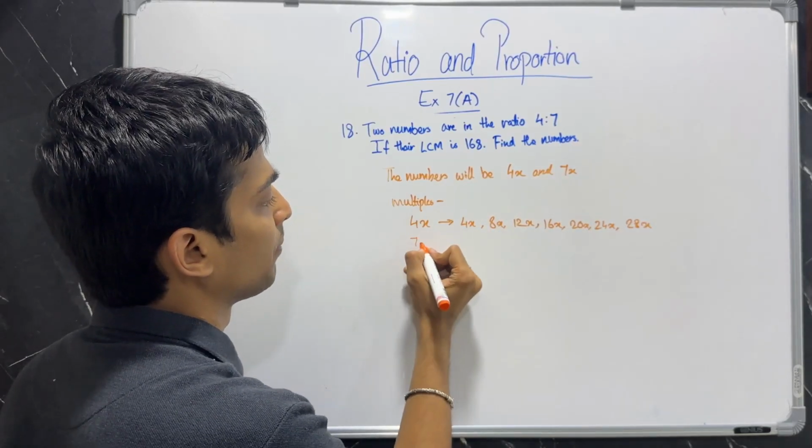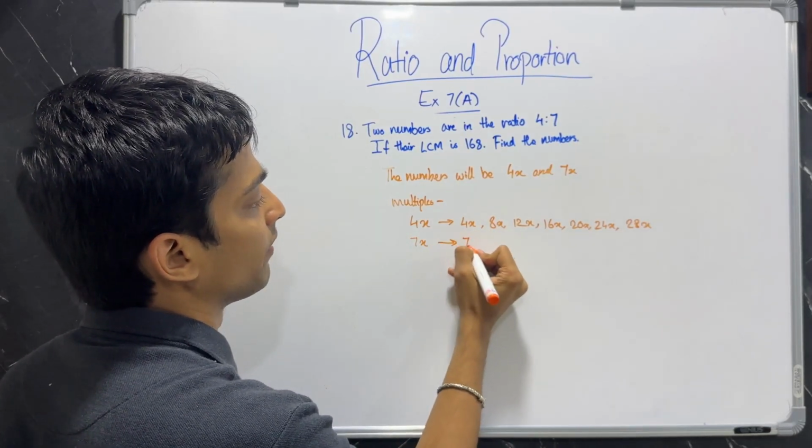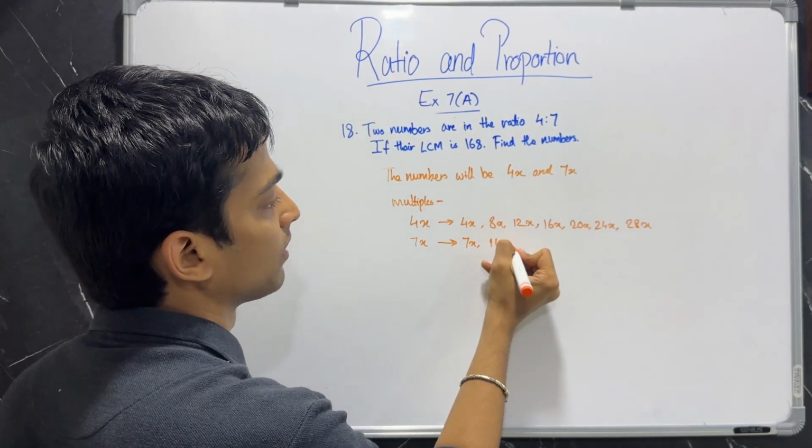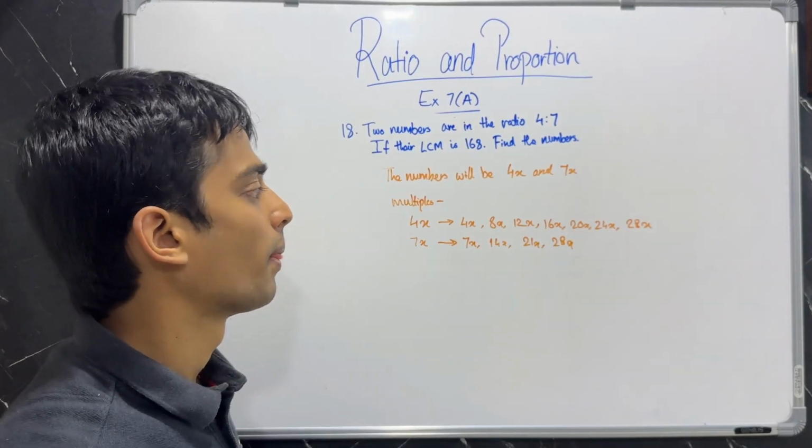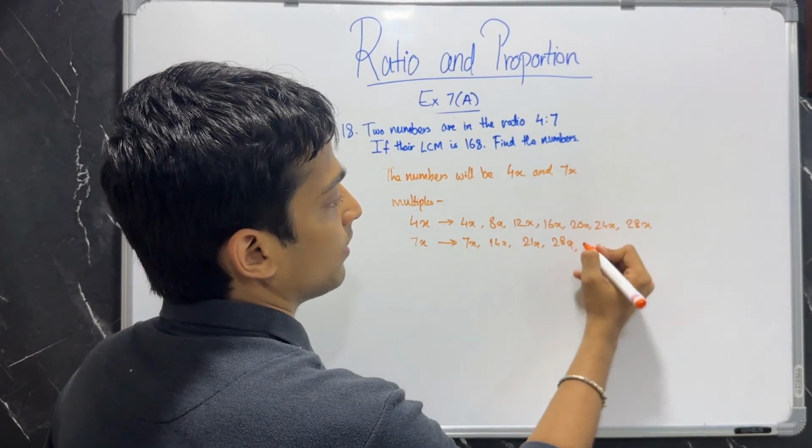For 7x the multiples will be 7x, 14x, 21x, 28x, 35x.